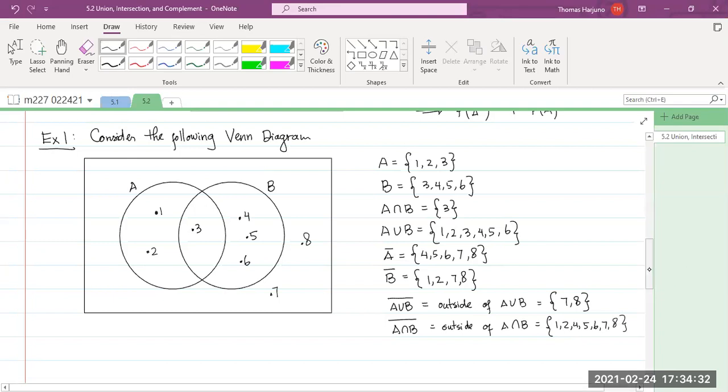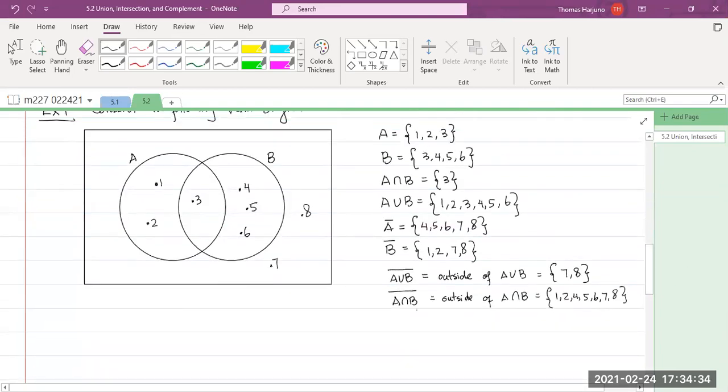Okay. How about this one here? This is a bit harder. Complement of A, maybe not union first, intersection.